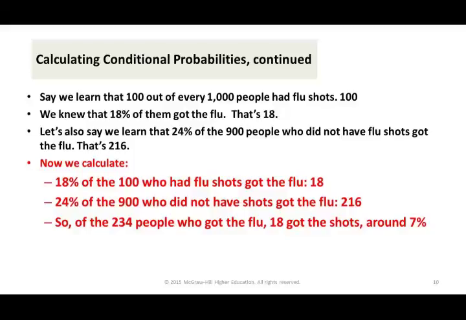So what happens here is, and this is just an example, that when we say that 18% of the people who got the flu shot got the flu, that doesn't mean that 18% of the people who had the flu had the shot. Really, it's 7% of the people who had the flu who had the shot. Here's the point of this whole lesson and the real thing to keep in mind.